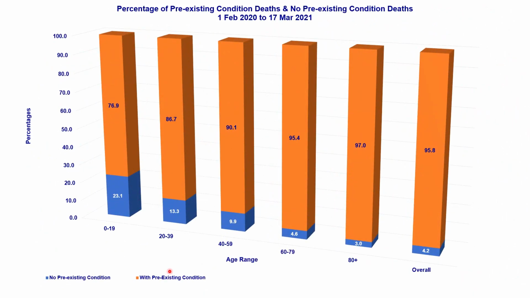And this is just showing you the percentage of pre-existing conditions and no pre-existing. So even in the 80 plus, only 3% of the total deaths are accountable by people without pre-existing conditions. 97% of these old people were already sick that died with a positive test.